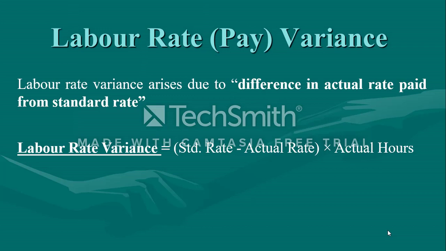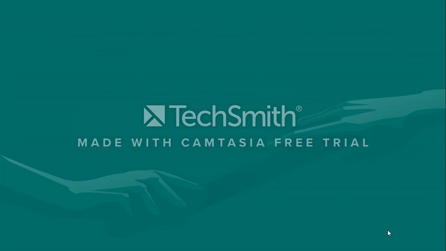The standard rate is a predetermined rate, minus the actual rate, which is the actual amount incurred for production of a unit or product, into actual hours, the actual time taken for production of a product or unit.